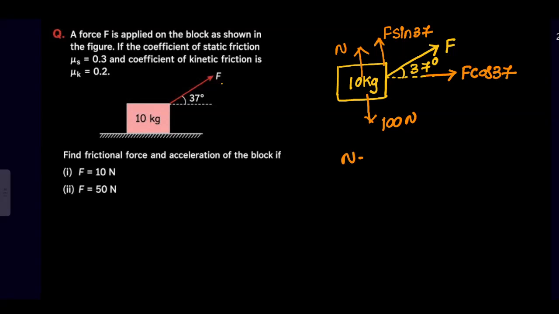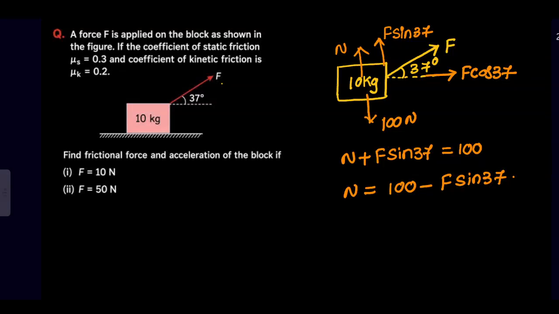Yes, that is N plus F sin 37 equals how much? 100. So from this we can get the N value, which is equal to 100 minus F sin 37. Okay, this is the normal reaction.